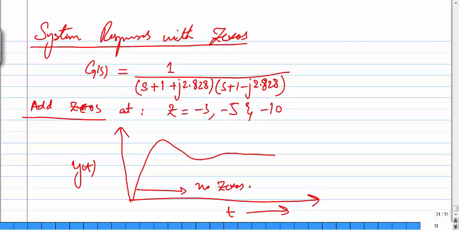Now if we look at the next one, where the zero is at -10, it gives almost the same response.